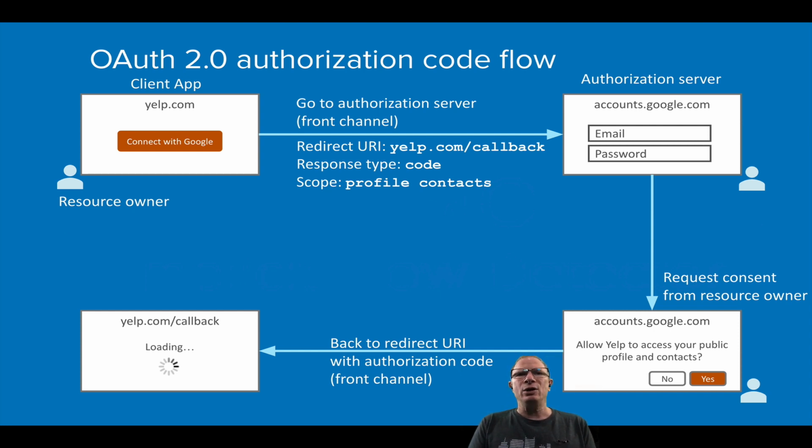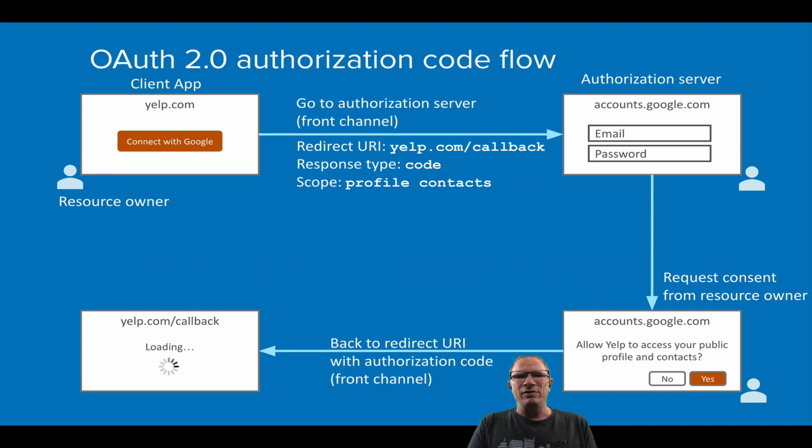Now, the authorization code does pass through your browser's address bar, and it can be intercepted, but we're going to see in just a moment that that is not a problem in this case. So let's just imagine, as good security professionals, that this authorization code has been intercepted. Well, the authorization code has a couple of unique characteristics. One is that it's a one-time use code, and it has a very short window to use.